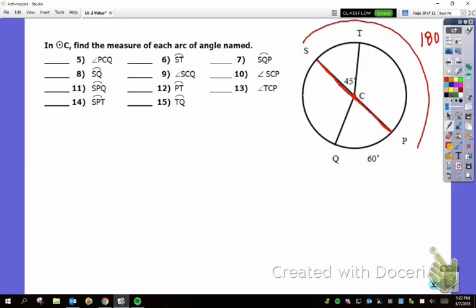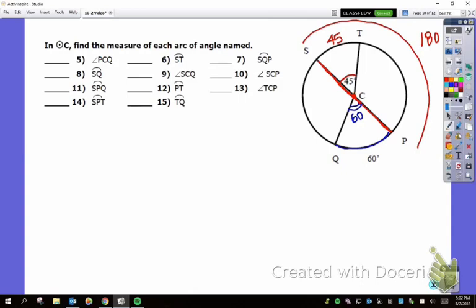So let's just look at our circle. If this angle is 45, then we know that this arc is 45. If we know that this arc is 60, then we know that this angle is 60.